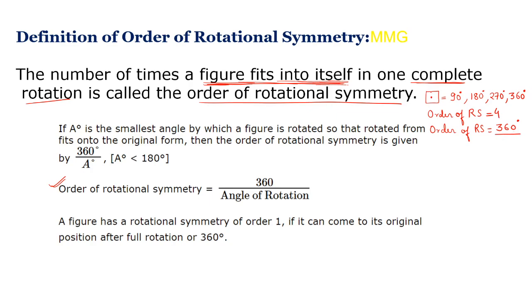The angle of rotation here is 90 degrees, because from the original position your square was in exactly the same shape after a 90-degree turn. So here I am writing 90 degrees.